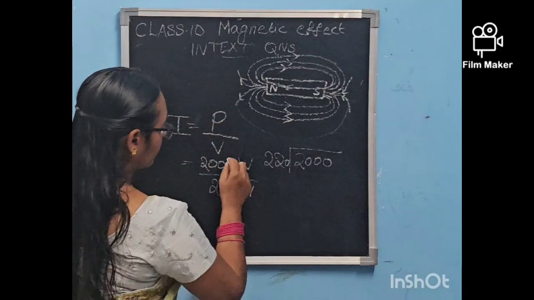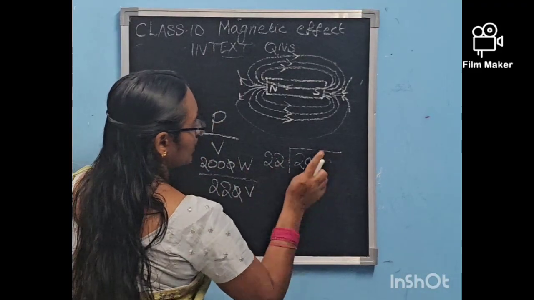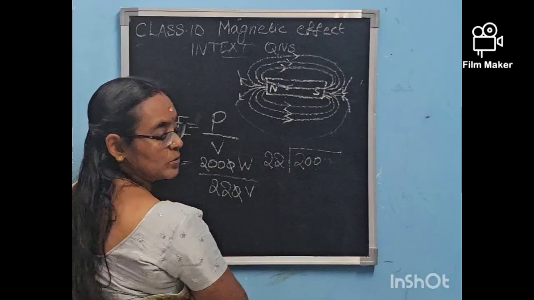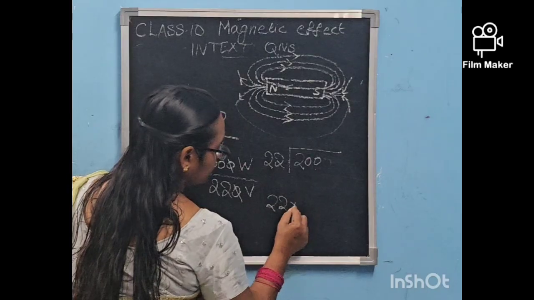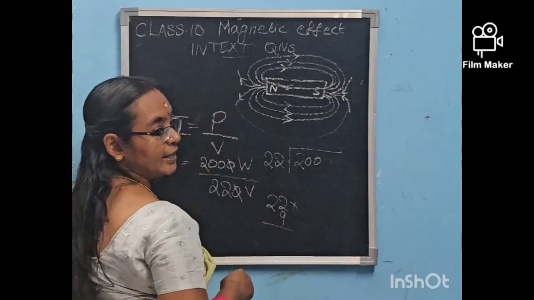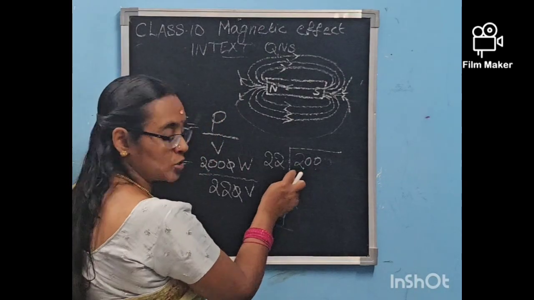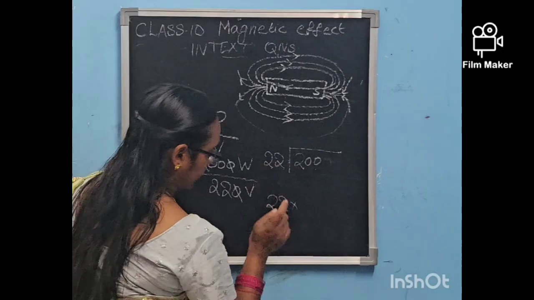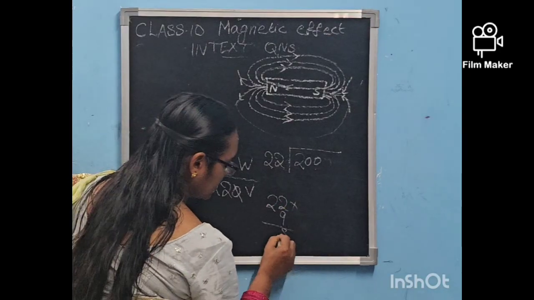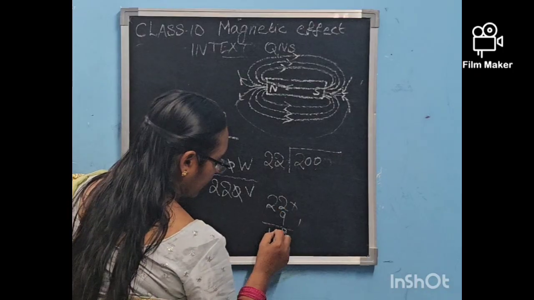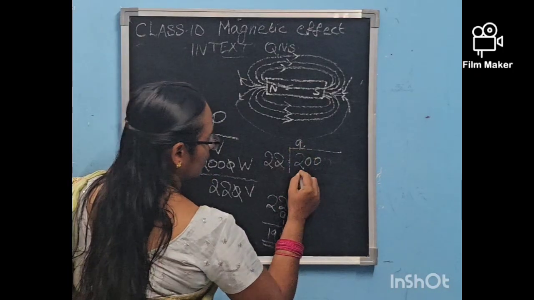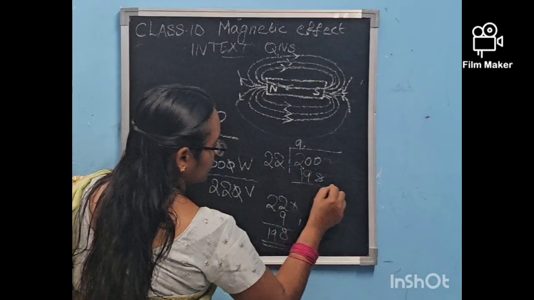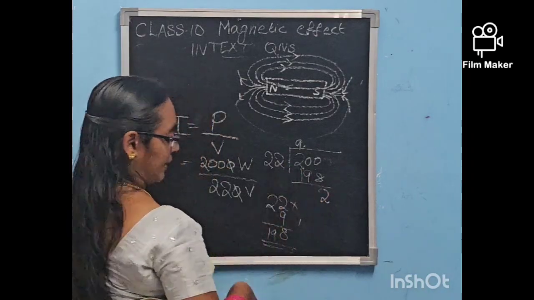Here we can cut off a zero, so we can write 200 divided by 22. We know 22 into 10 is 220, but here it is 200, so 10 is not correct. So 9: 22 into 9 is 198. What is the rest? 2 is the remaining.